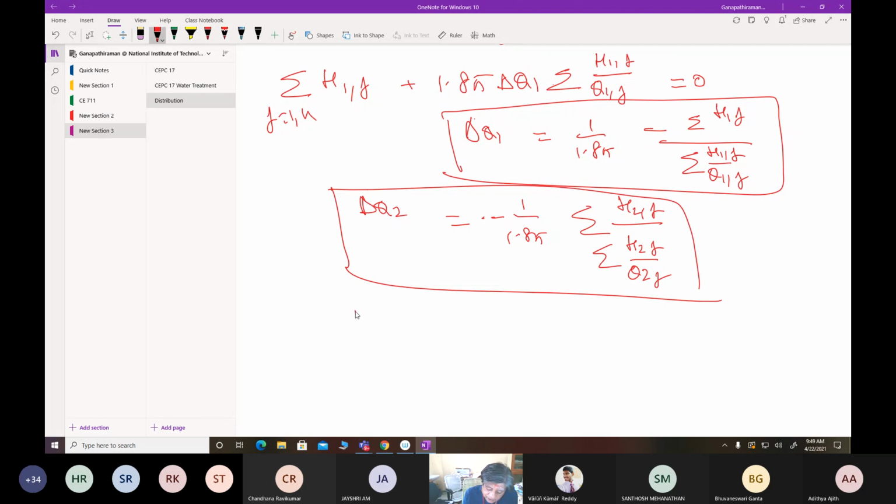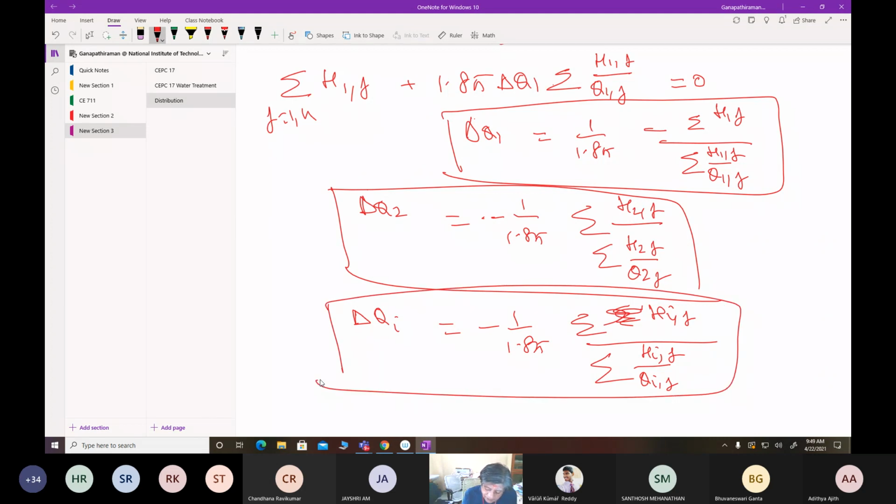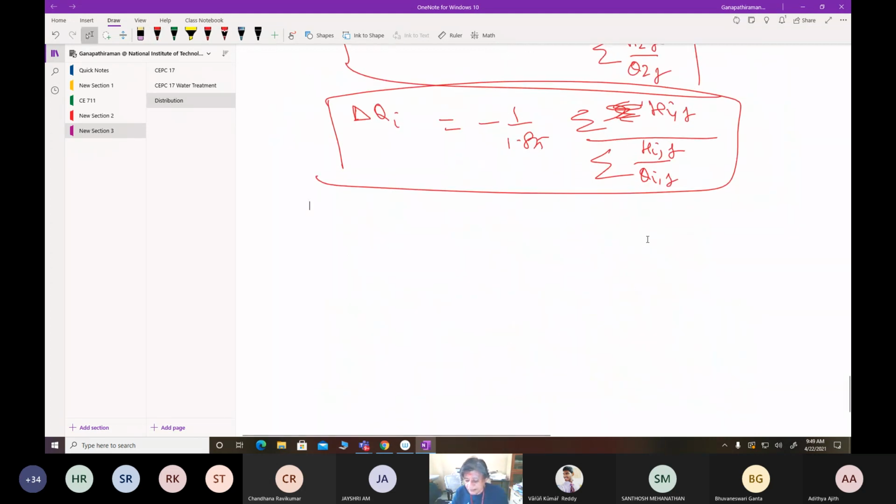In general, delta Qi is equal to minus sigma of Hij divided by 1.85 sigma of Hij by Qij. Right? This is the correction for the assumed flow. So this method is called the Hardy-Cross method.